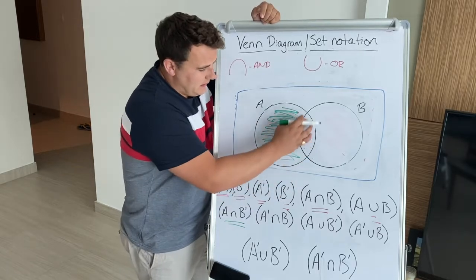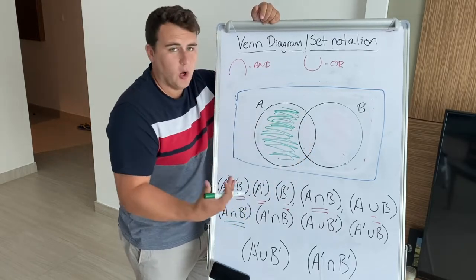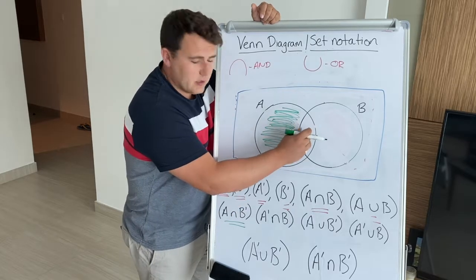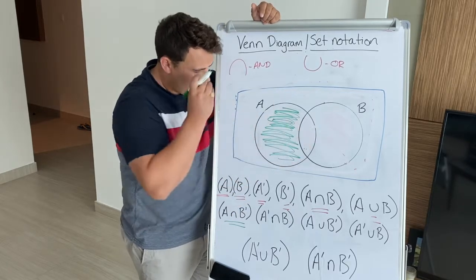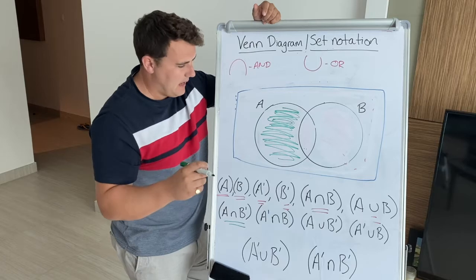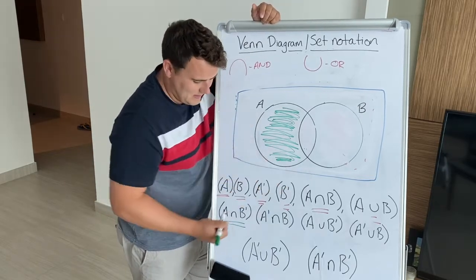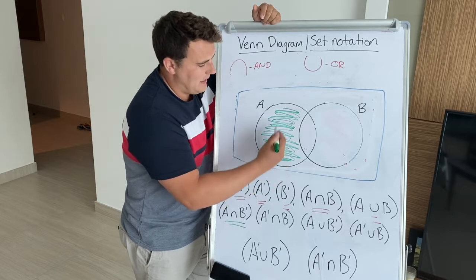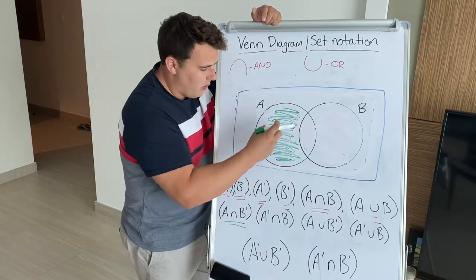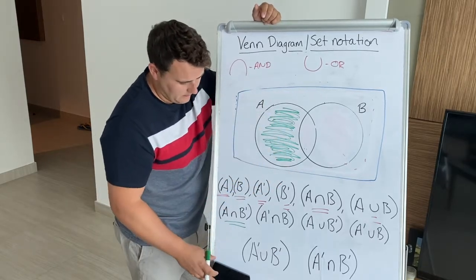We can't count this section because it has to be not in B. So we can't count this because this is in B. But it also has to be in A, so it can't be on the outside. So A and not B is just this section here.